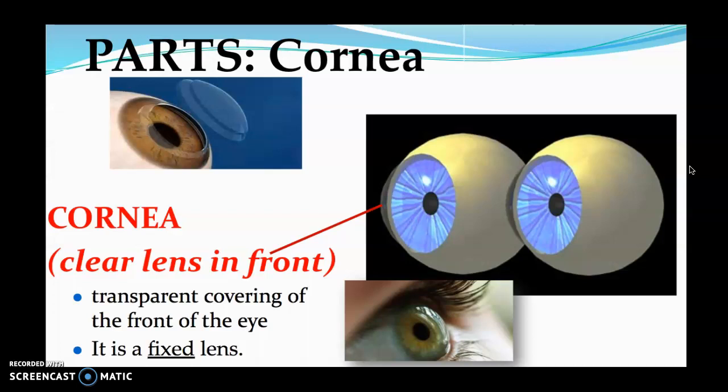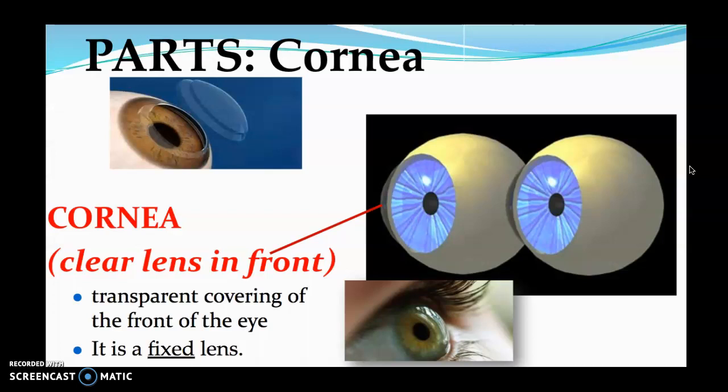This is the cornea. The cornea is the clear lens in the front. You actually have two lenses in your eyes. This is a fixed, harder lens. It's still squishy, of course. Don't try and squish it, but it's not shape changing. It stays the same shape, whether that's a shape that's helpful for your eyes or if it's messed up like mine are and you have to wear glasses.